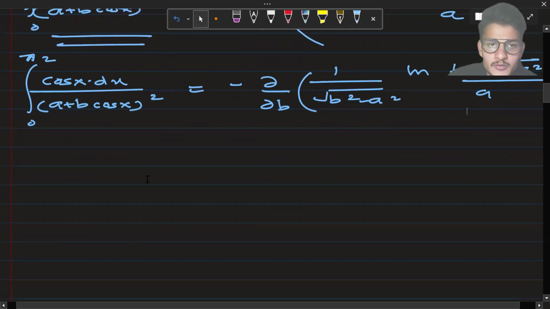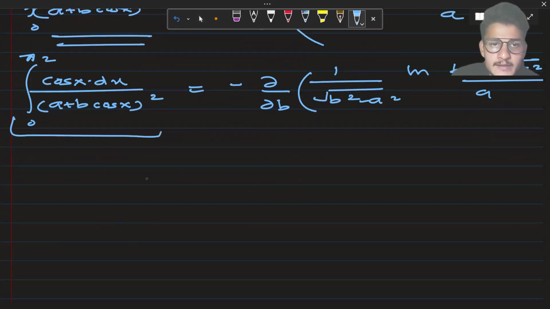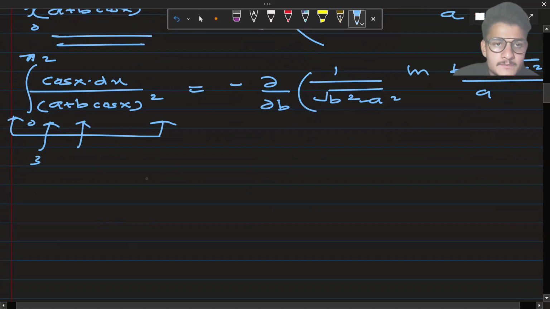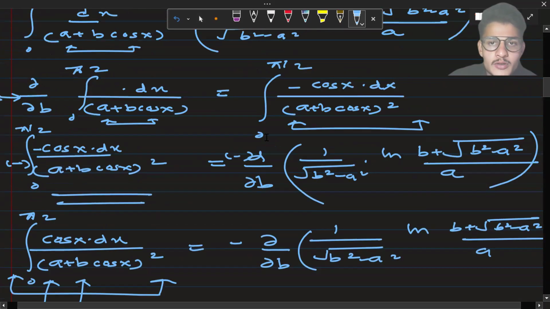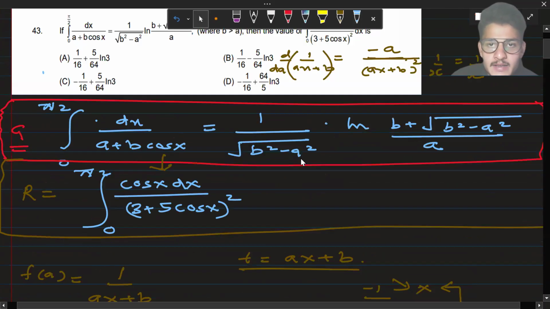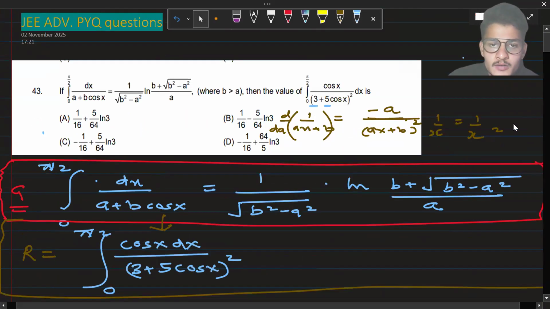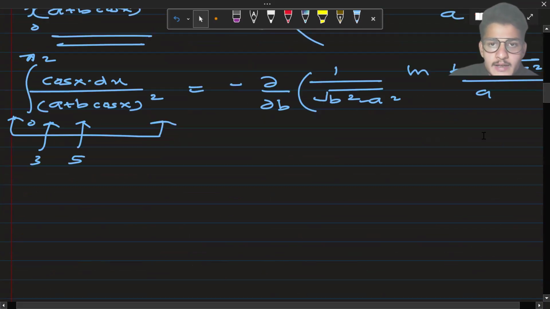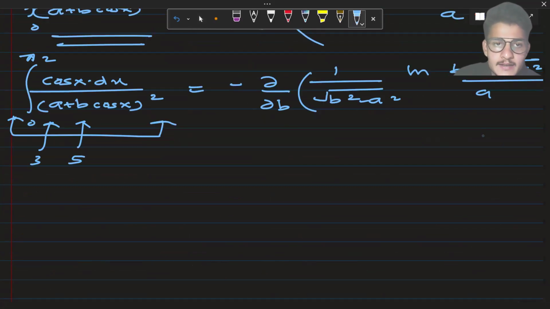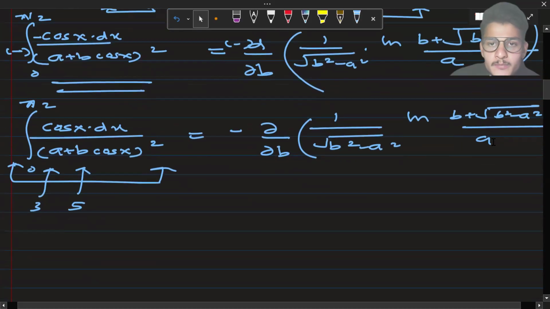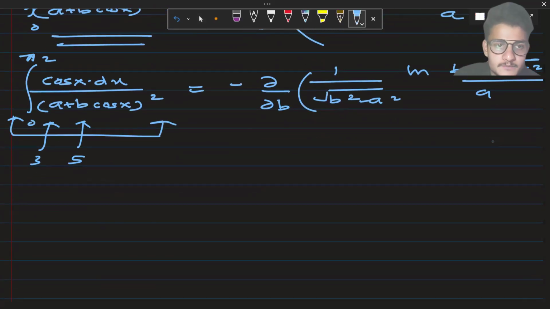Okay. So to receive the answer that is required in the question as well, a is 3 there and b is 5 there. You can notice here that a is 3 and b is 5. Otherwise, everything is similar. To calculate this, now we will differentiate this and put the values of b and a, and we will get the answer.